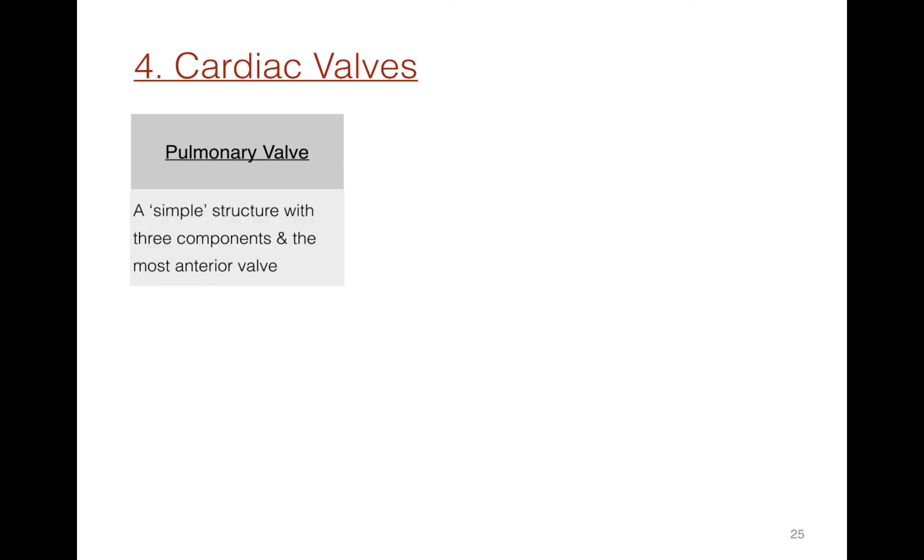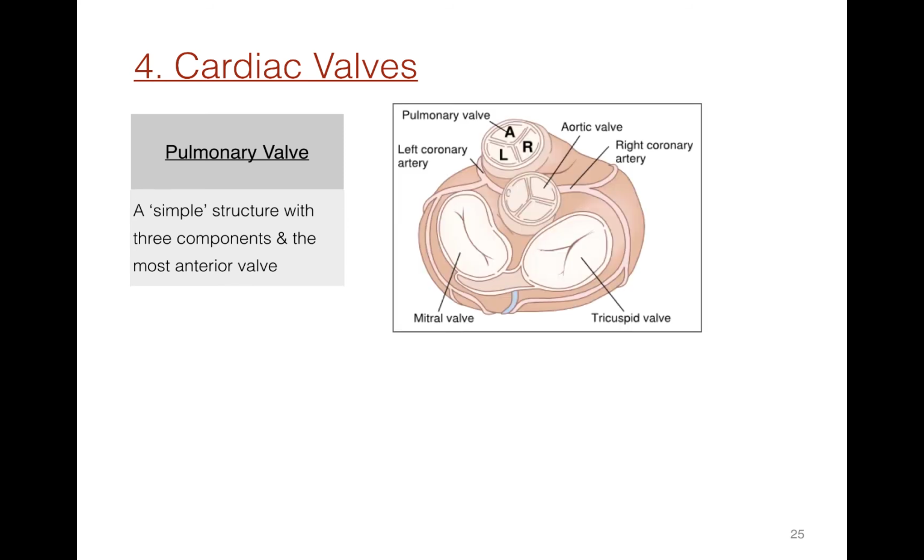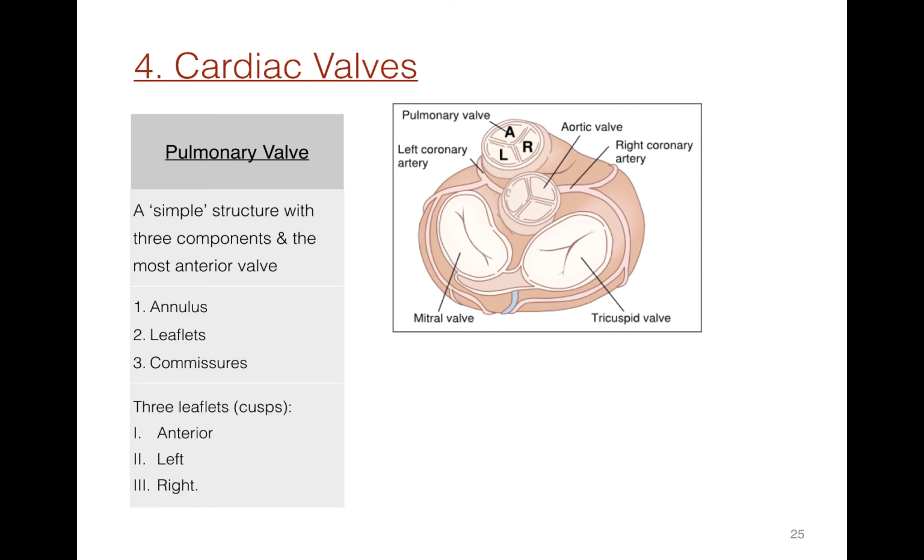The pulmonary valve is the other semilunar valve, and like the aortic valve, the pulmonary valve is a simple structure with three components. The pulmonary valve is the most anterior of the four heart valves. It has an annulus, the hinge point for the leaflets themselves, and commissures.